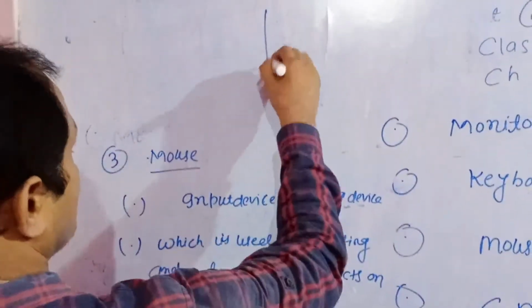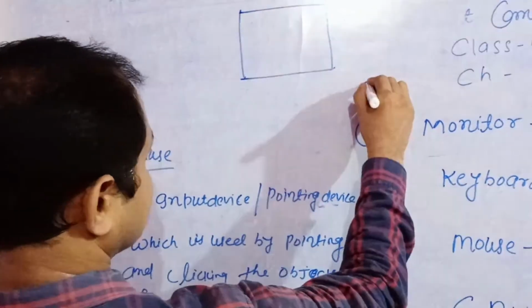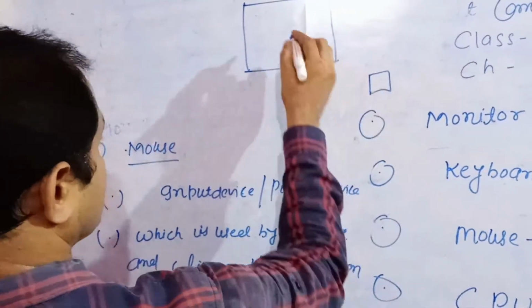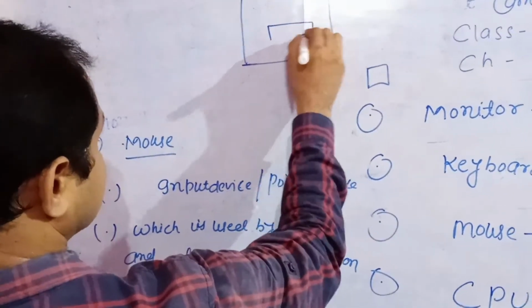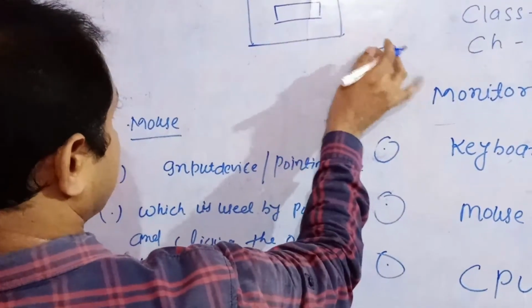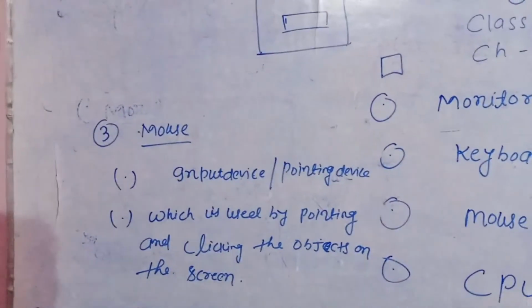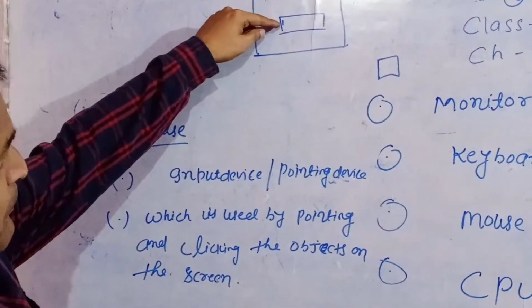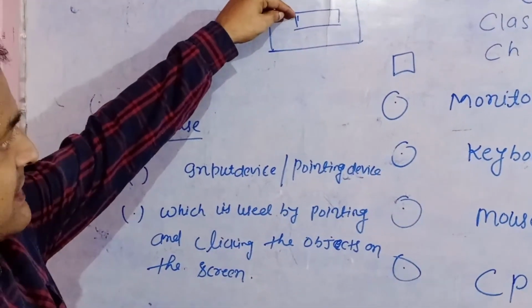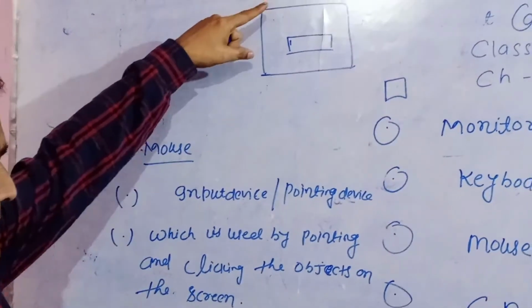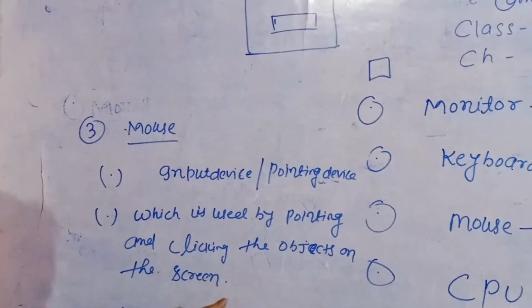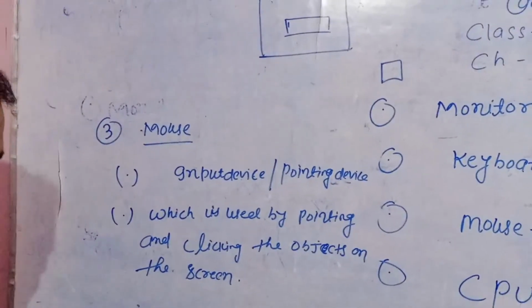Suppose this is the monitor and this is the mouse. Suppose I write in this particular area, the mouse pointer is clicking this place. So this is the pointer. This indicator is always blinking and clicking the object on the screen.